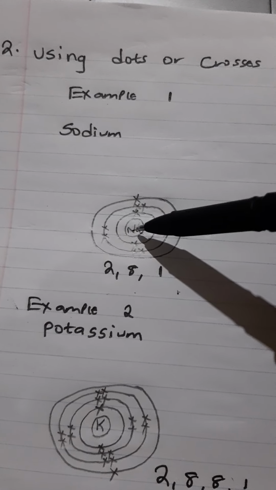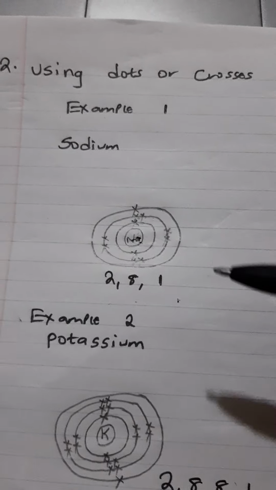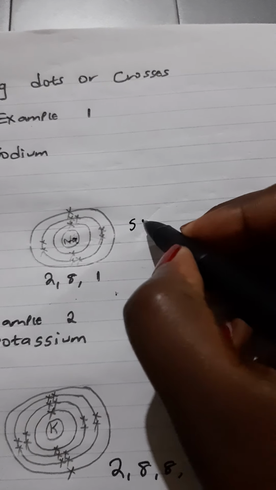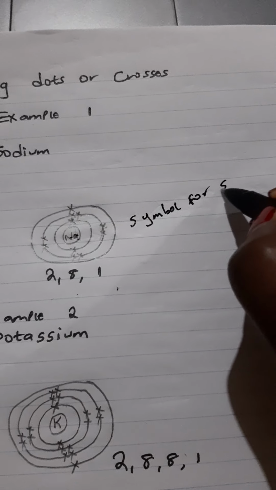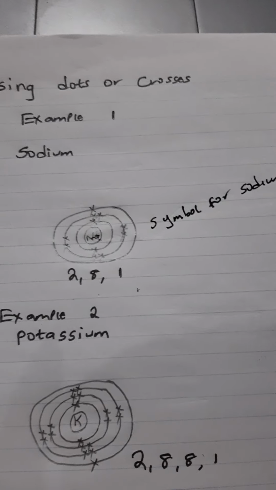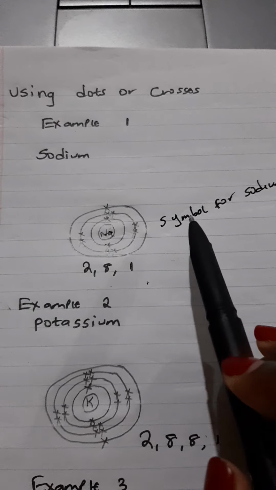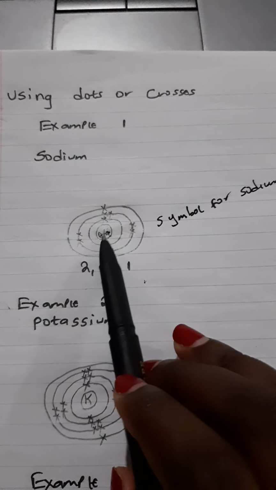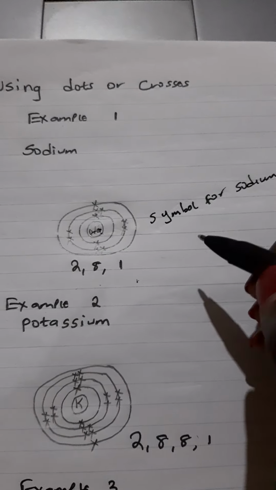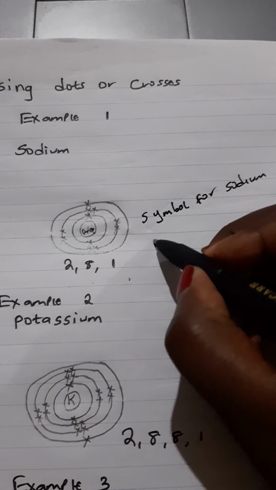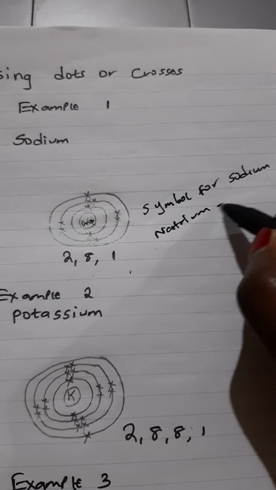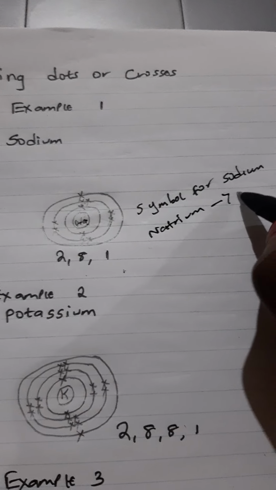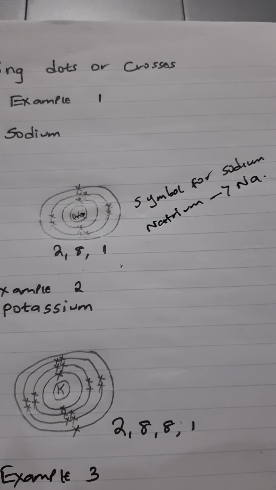And what is Na? Na is the symbol for sodium. And remember in the last lesson we said, why are we having Na as the chemical symbol for sodium? Because we derive the chemical symbol from the Latin name natrium, and therefore we have Na.